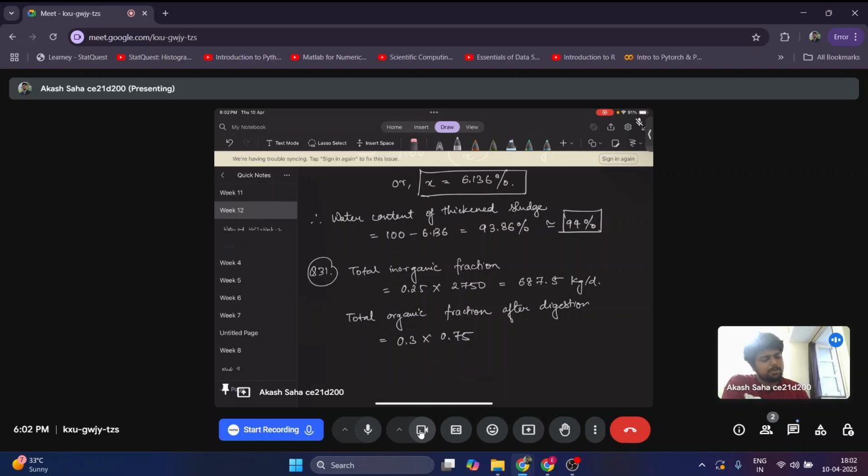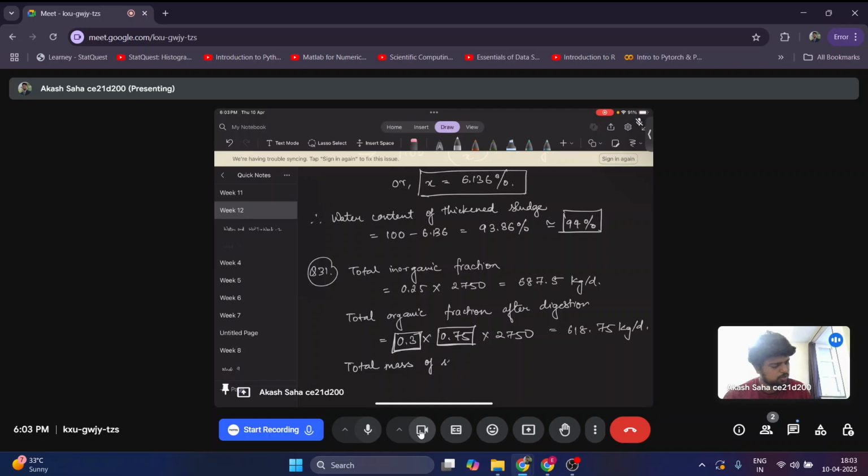So 0.3 into 0.75 into 2750, that is equal to around 618.75 kg per day. This is the amount that is left over after digestion, and this is the amount of organics in the system, 75%.